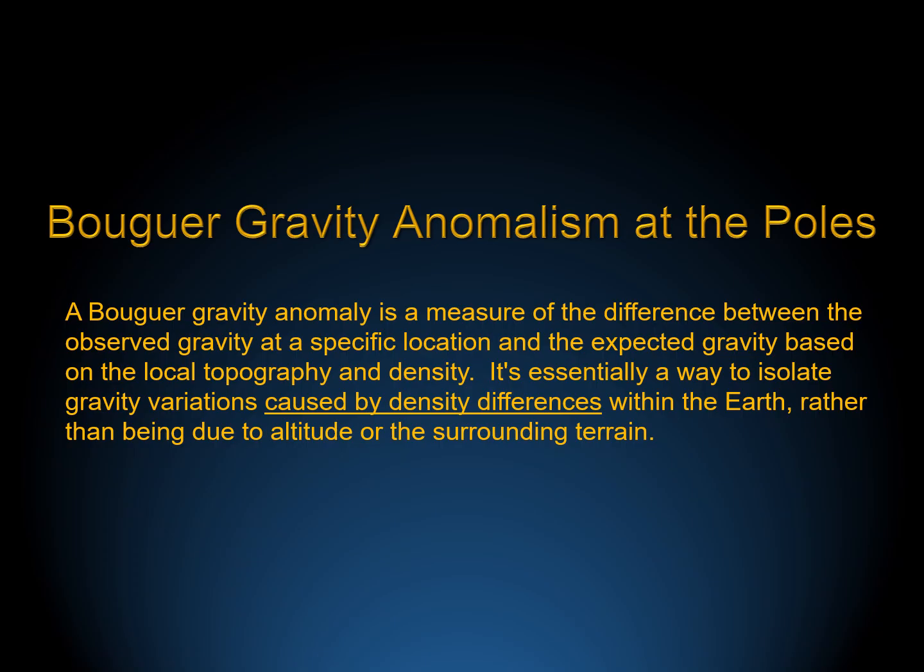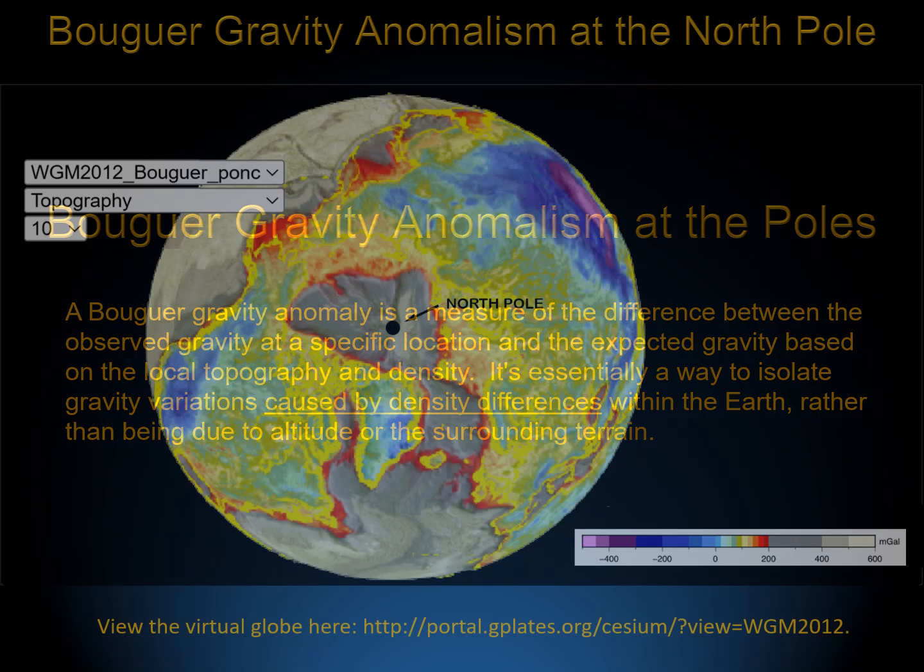A Bouguer gravity anomaly is a measure of the difference between the observed gravity at a specific location and the expected gravity based on local topography and density. It's essentially a way to isolate gravity variations caused by density differences within the Earth, rather than being due to altitude or the surrounding terrain.